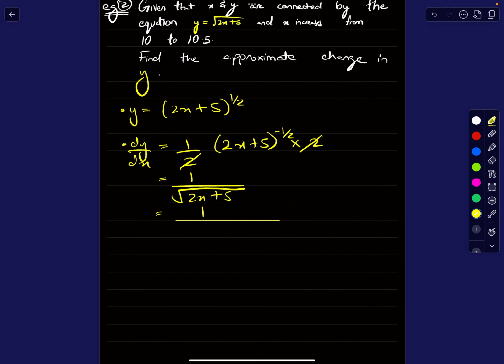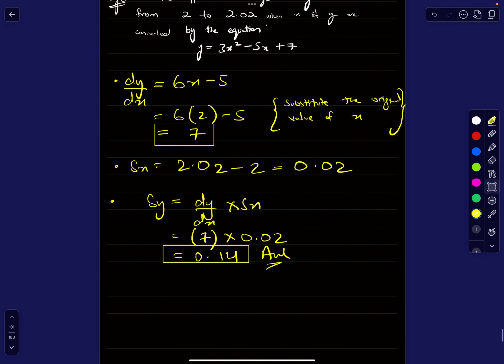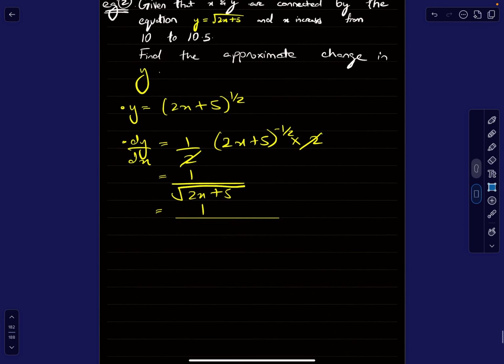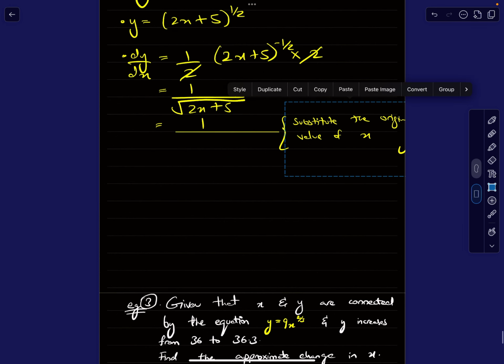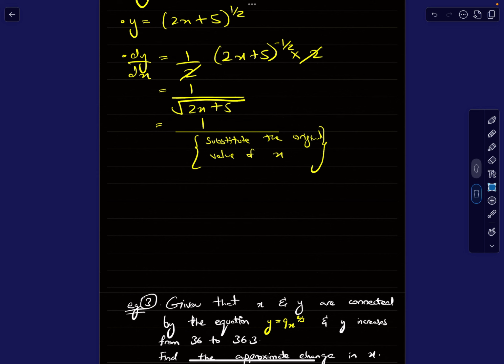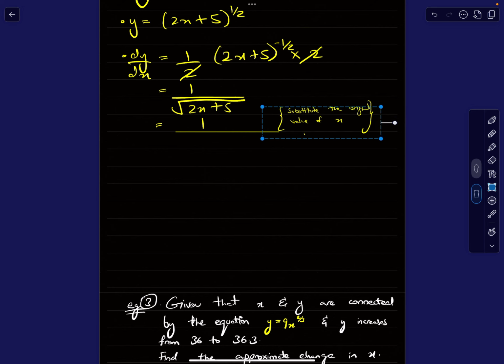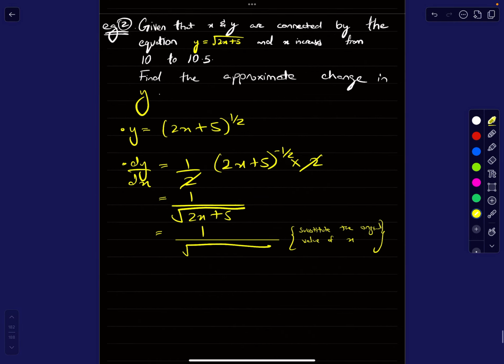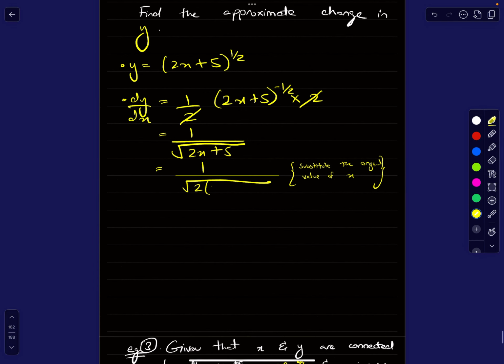Again, we'll substitute the original value of x. I'll write this here too so you remember. Once I substitute the original value of x, which in this case was 10, the value of dy by dx is 1 over root 25, which further simplifies to 1 over 5.